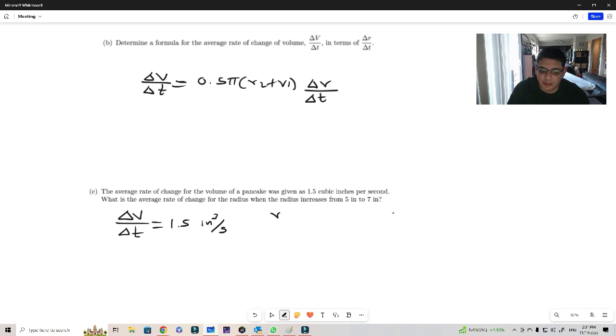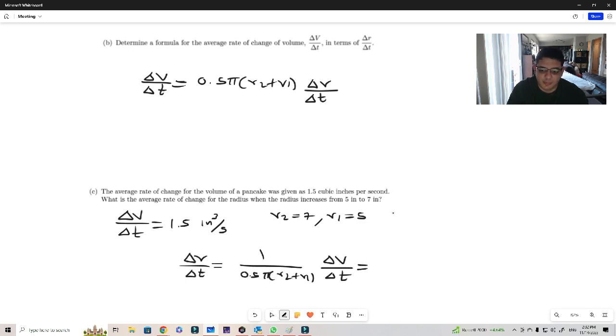So what we have here is that R2 is 7 and the initial R1 was 5. So we can actually use this formula and put in all the quantities that we have. So dR/dt is just going to be 1 over 0.5 pi times R2 plus R1, and then the dV/dt.